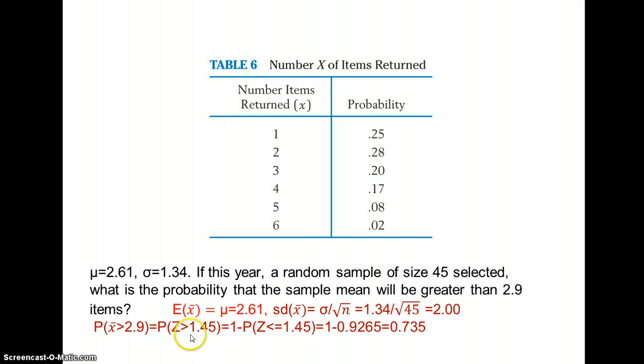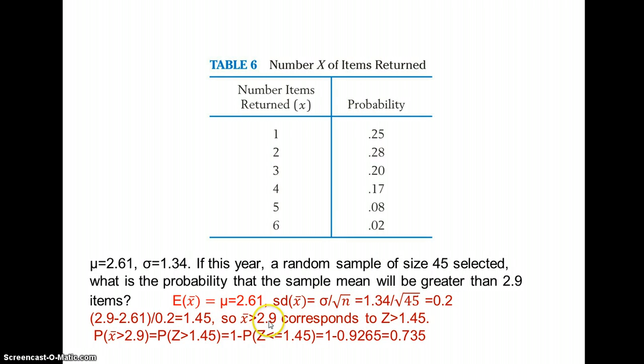Okay, I didn't write this down here, but that's how I got 1.45. One more time, it's 2.9 minus 2.61 divided by, no, I'm sorry, it should be 0.2. Let me make a correction.